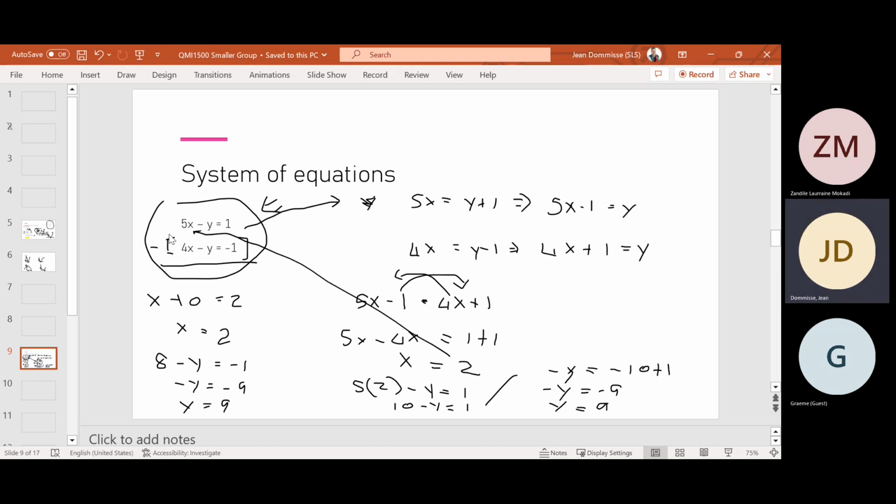But it was also only because it was easy, because if I said 5x minus 4x, I only had x left. So in this instance it was very easy to work with that. But there are two ways for you to do that, and I think that is the important message out of this one.